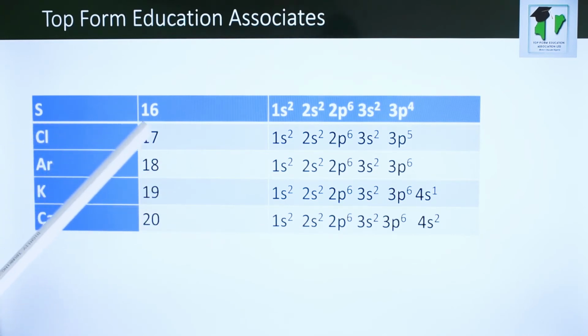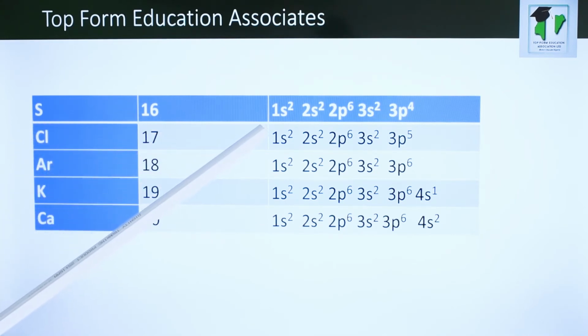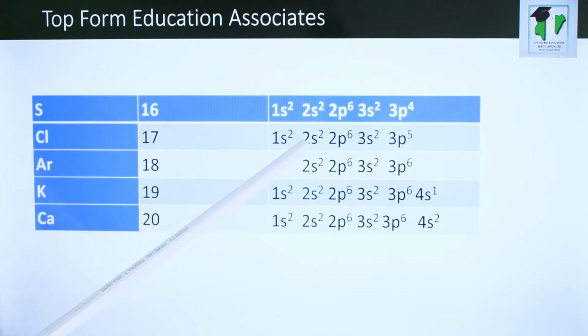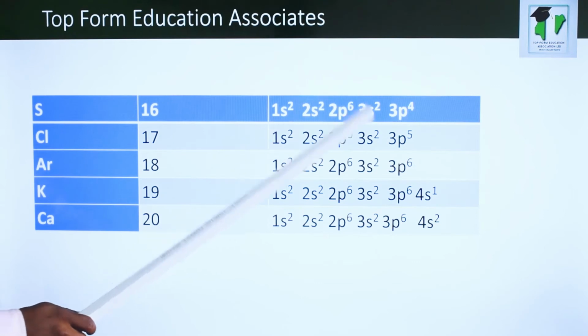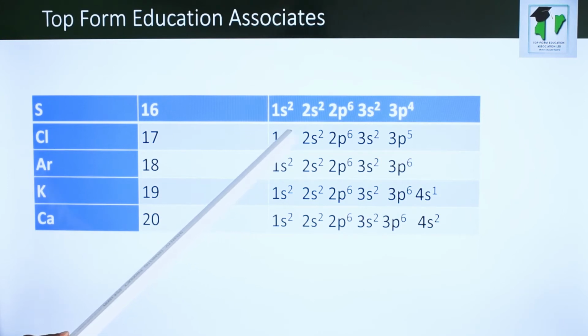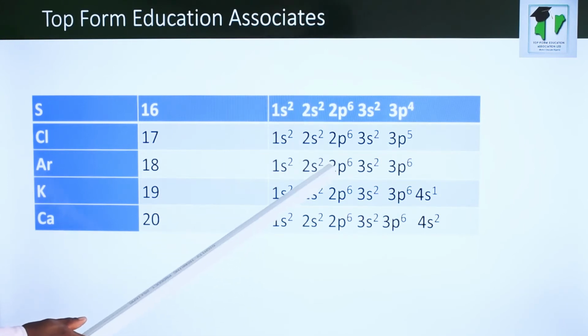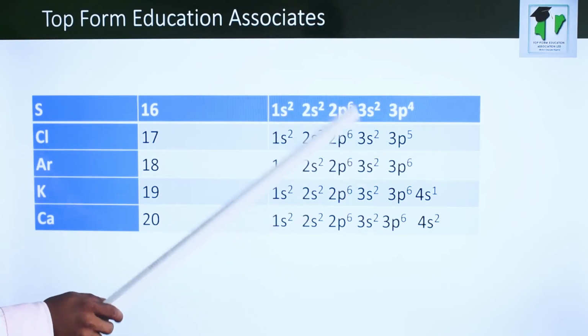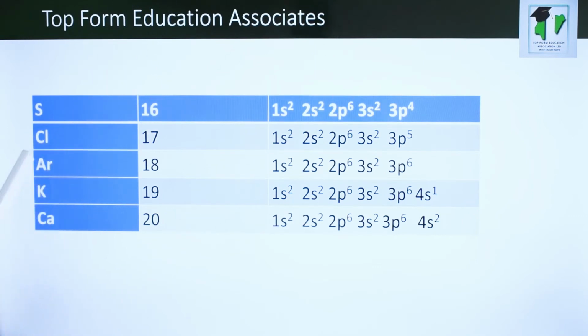Chlorine, 17, 1s2, 2s2, 2p6, 3s2, 3p5. Argon, 18, 1s2, 2s2, 2p6, 3s2, 3p6.